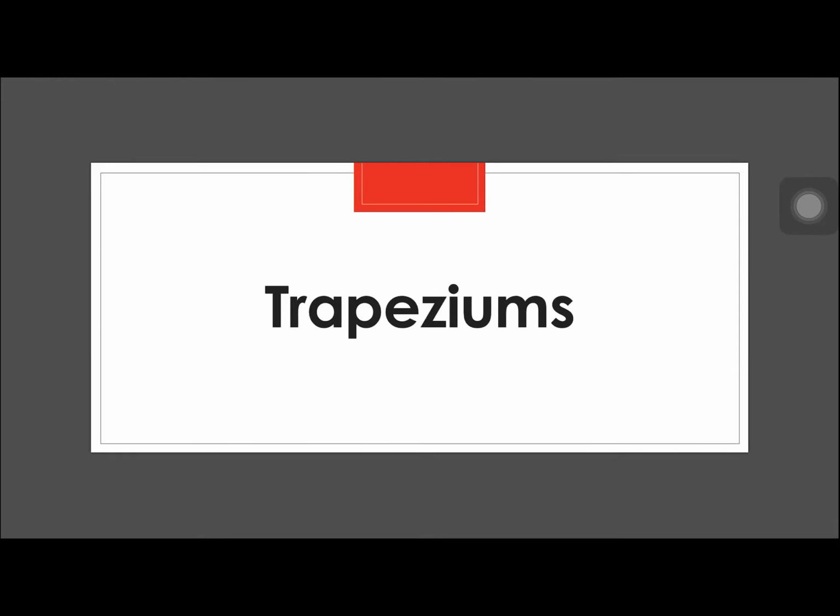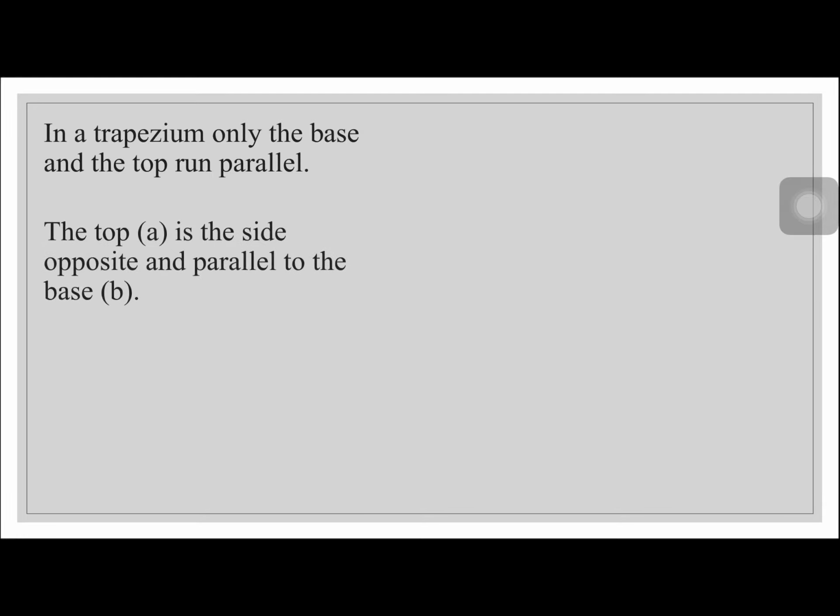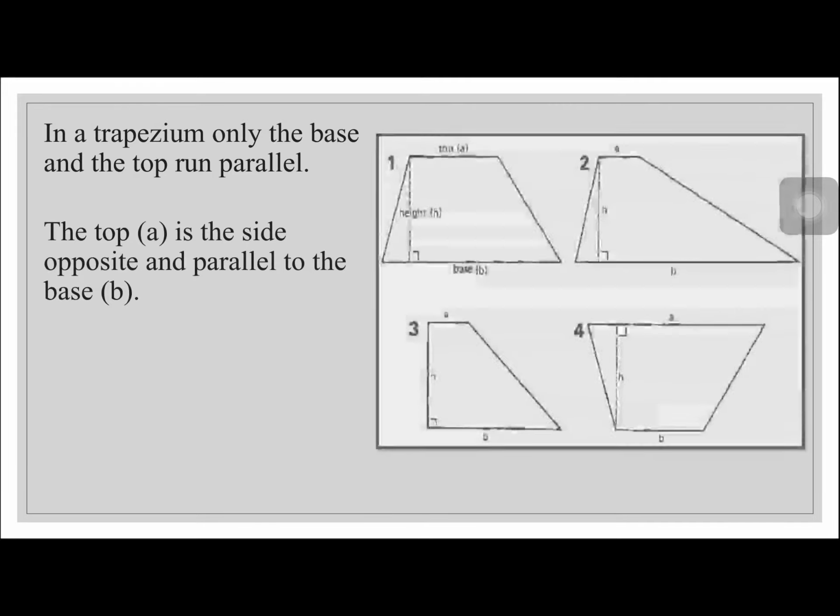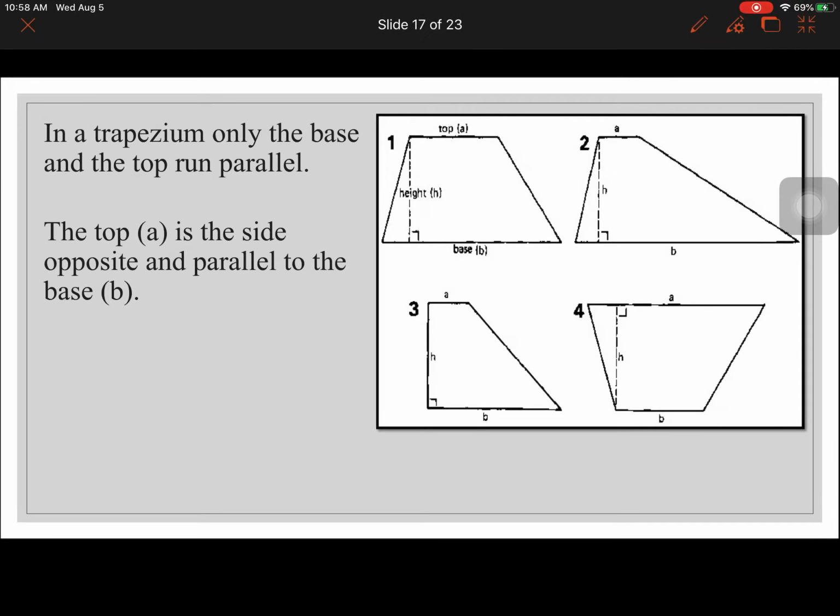Now, let's proceed on the trapezium. In a trapezium, only the base and the top run parallel. The top, or yung letter A, is the side opposite and parallel to the base. Example image are below, on the right side. Ito po yung top ng inyong trapezium.